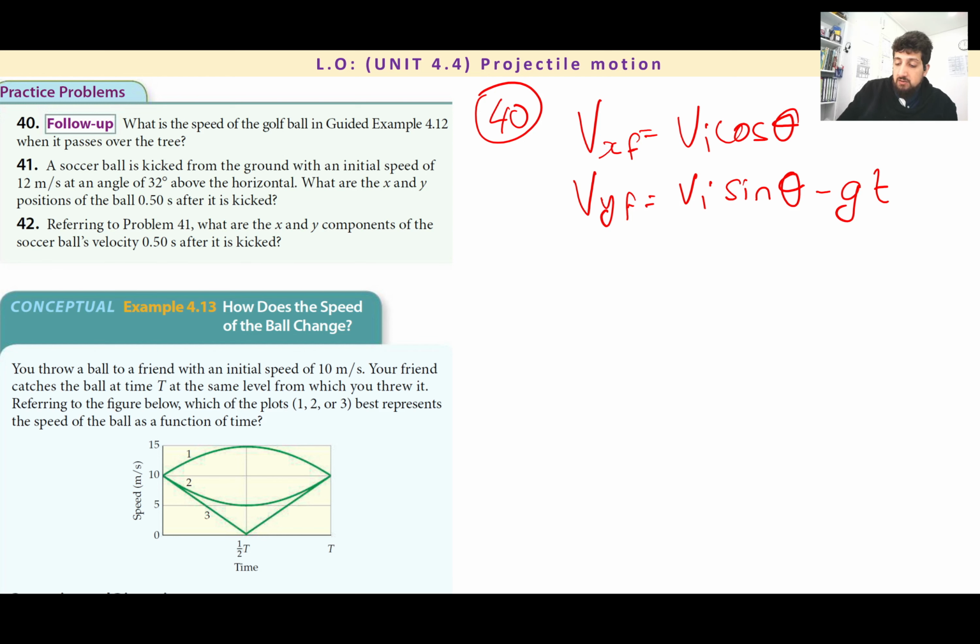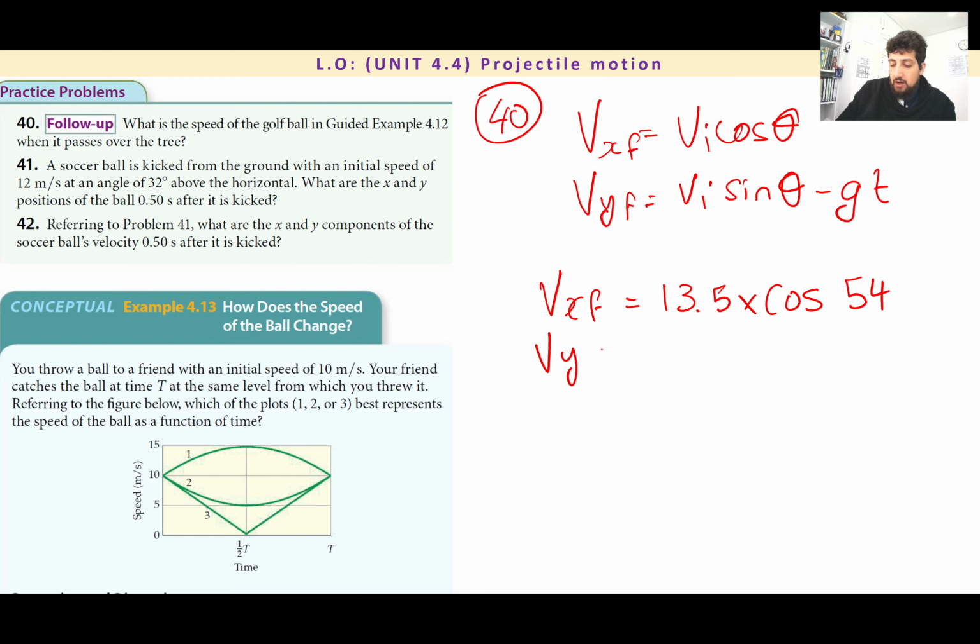With Vx final, we already know that Vi cos theta is going to equal, hang on, Vi is 13.5, which is just the initial speed. We already know that, we've worked it out. So Vx final is 13.5 multiplied by cos 54.